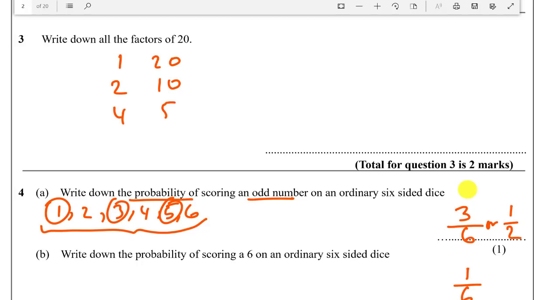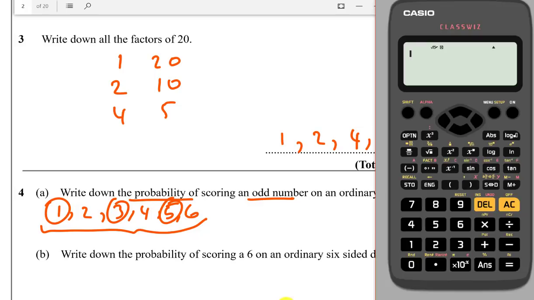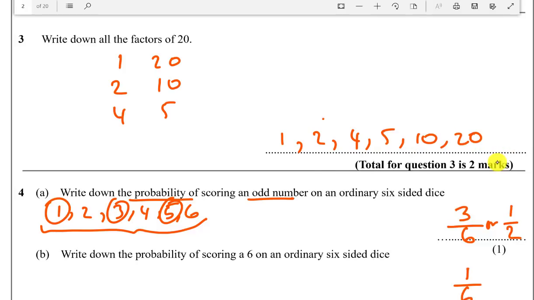So the factors of 20 are going to be 1, 2, 4, 5, 10, and 20. So we have altogether 6 factors of 20.